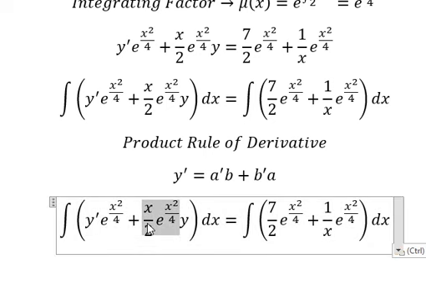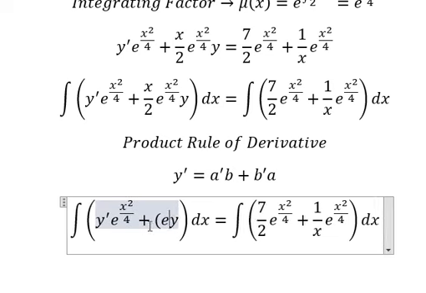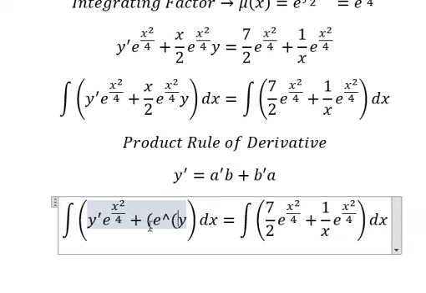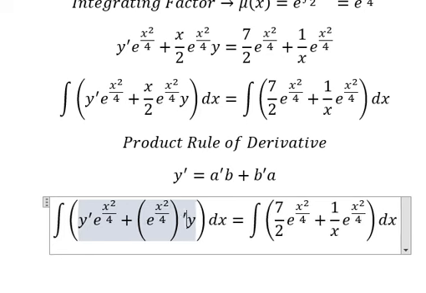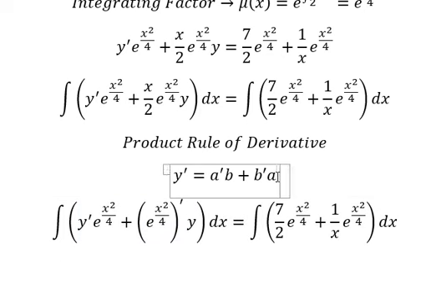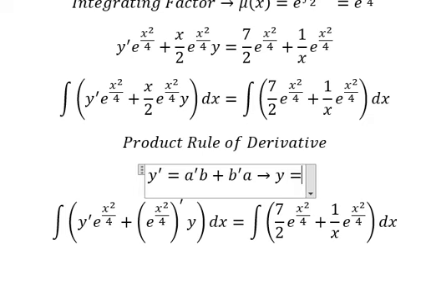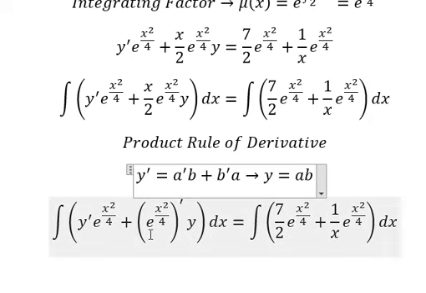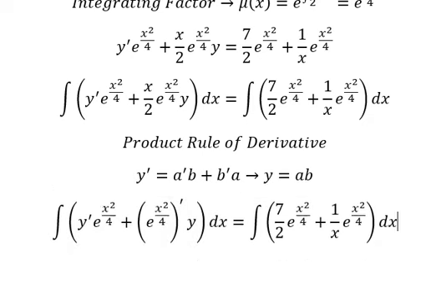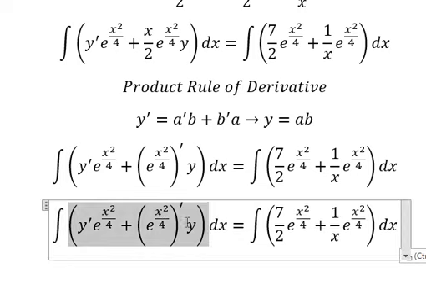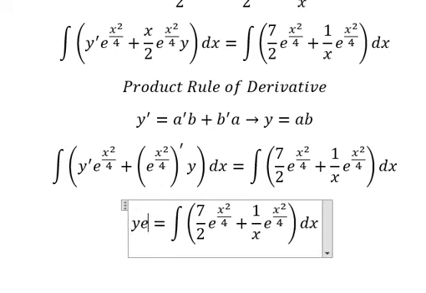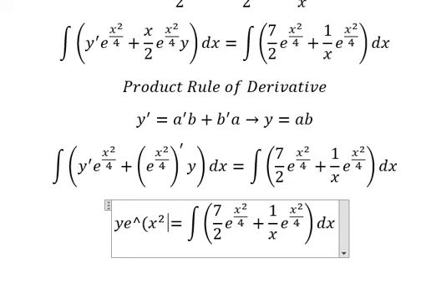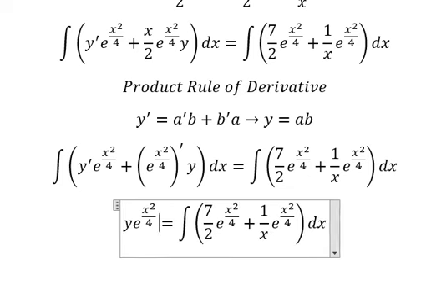This one is the first derivative of b multiplied by a. So the integration of this one, we have y equals ab. So the integration of that one is y e to the power of s squared over 4.